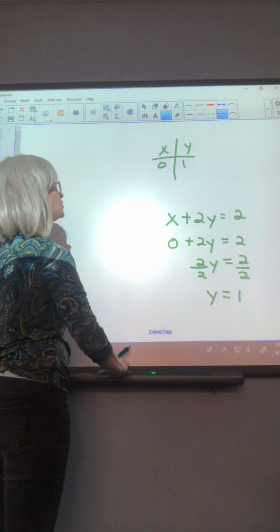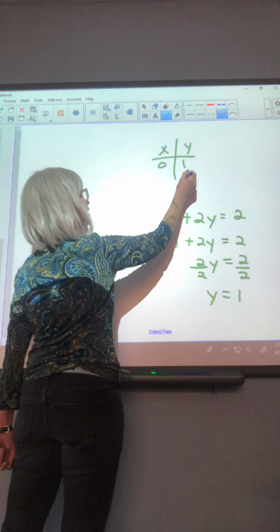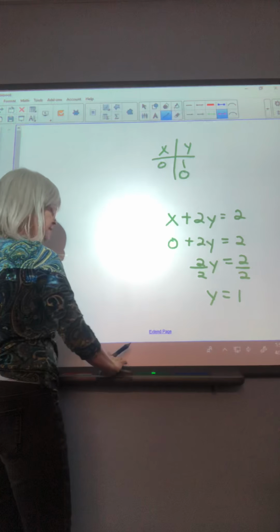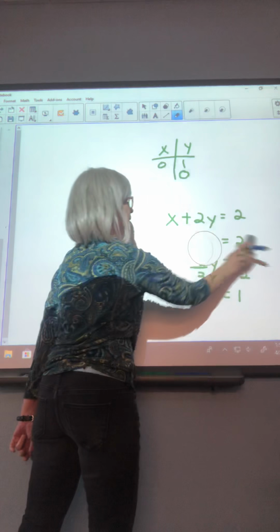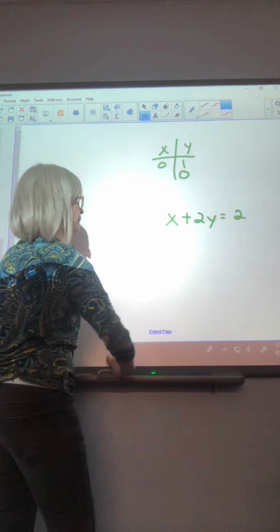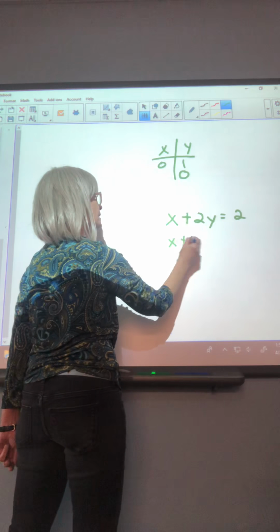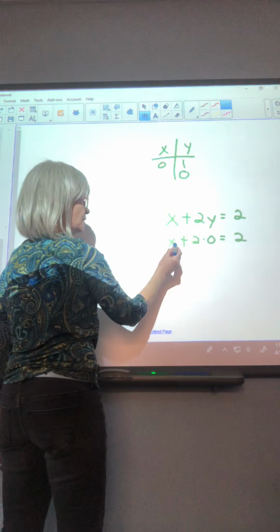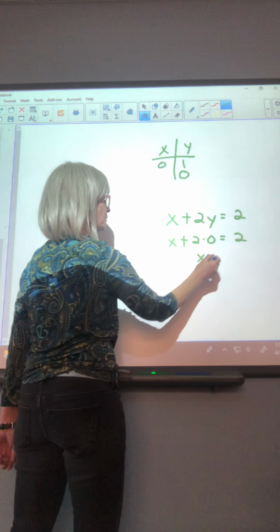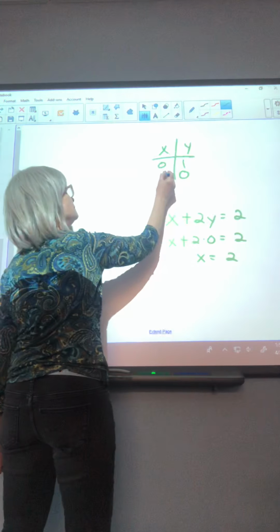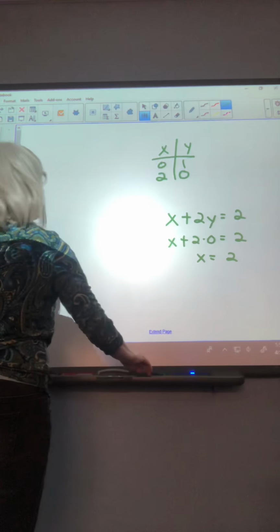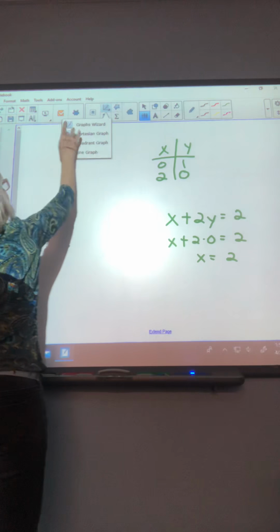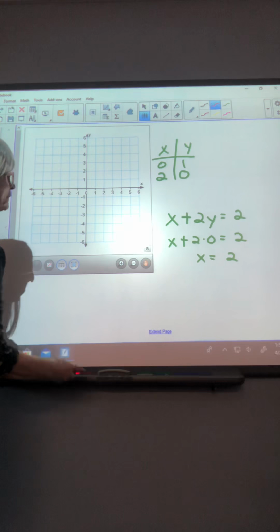Okay. We're going to do the same thing looking for the x-intercept by putting a 0 for the y. So we have x plus 2 times 0 is equal to 2. 2 times 0 is 0, so x is equal to 2. So then we can put down a graph.